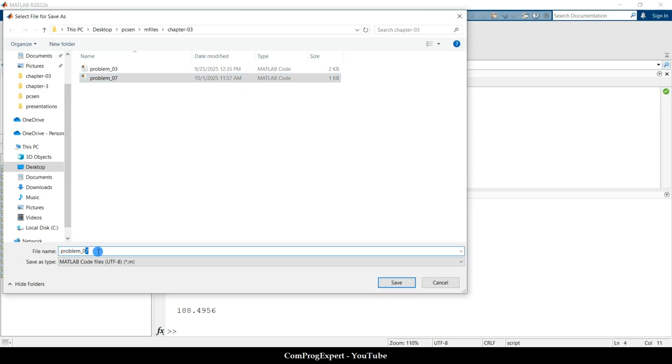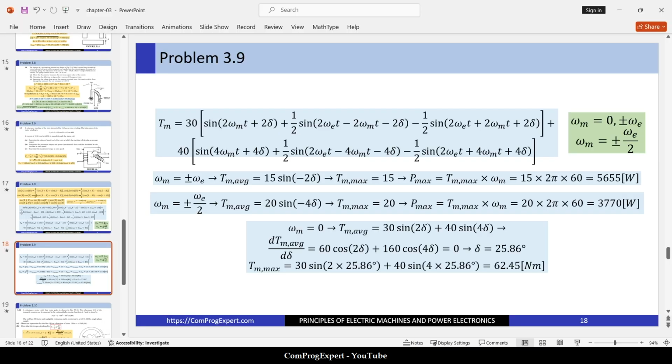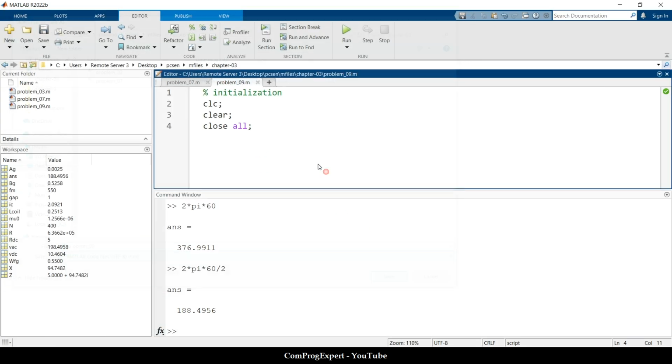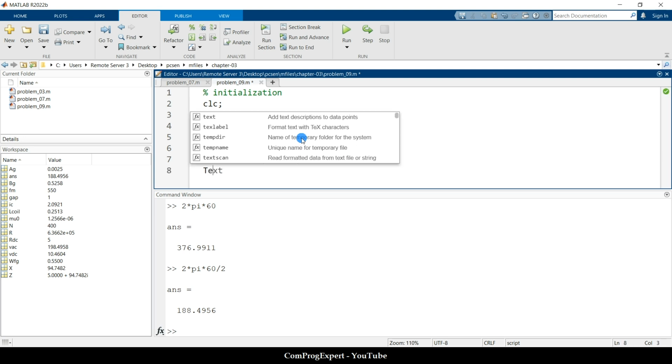Problem 9. Okay, let's change the value of delta from linspace from 0 to pi divided by 2. Consider 1000 points. What is the value of Tm?